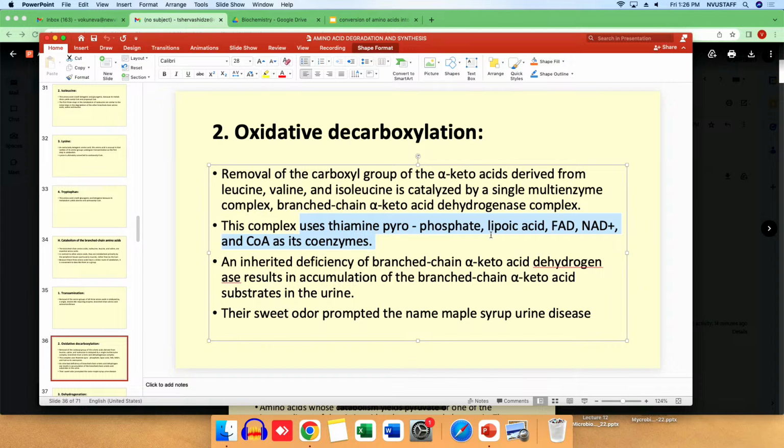It does not make any sense, but it's an easy mnemonic, an easy way for you to memorize and not forget what this alpha keto acid dehydrogenase complex needs to work. Because it's not just one B6, right? Previously, we just mentioned one vitamin B6 and that's it. Here it's multiple cofactors that are necessary for the dehydrogenase complex to work. It's a very complicated enzyme.